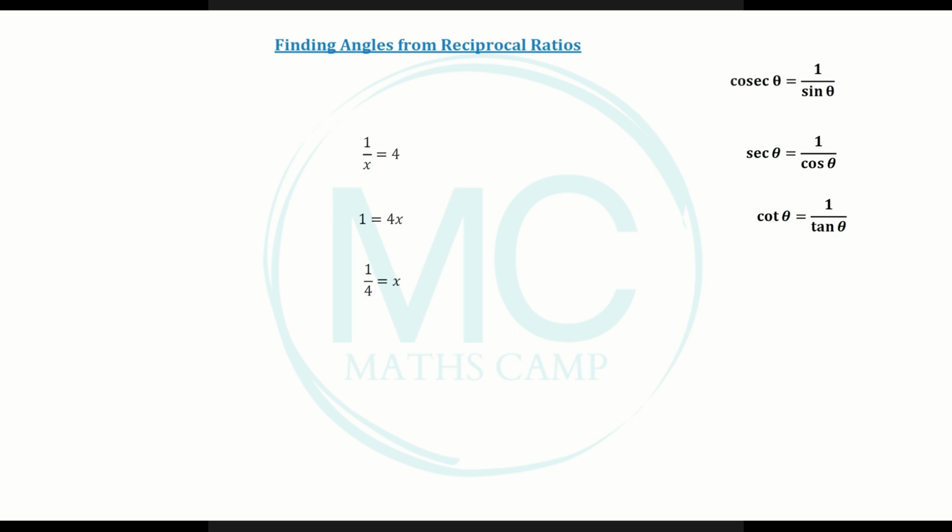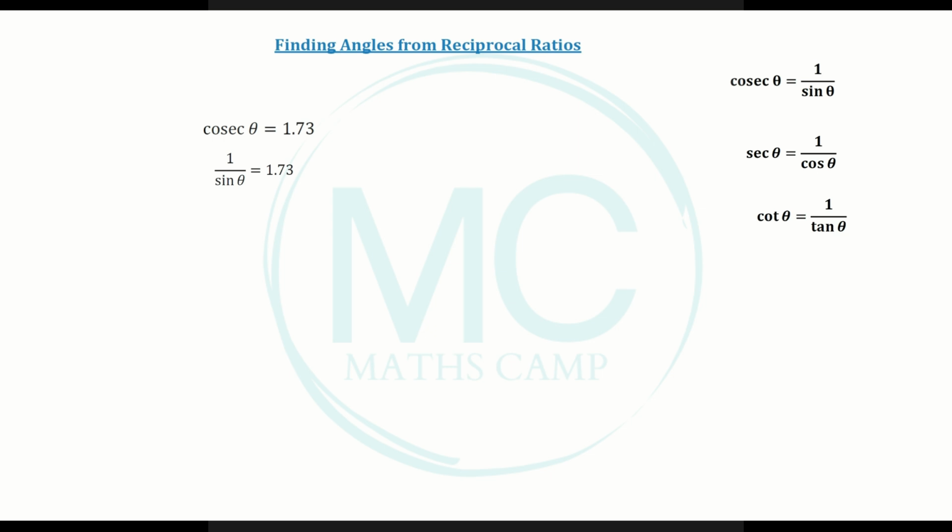This applies to reciprocal ratios as well. Let's look at how we can find an angle from a basic reciprocal ratio. Let's look at cosec theta is equal to 1,73. Now cosec theta is equal to 1 over sine theta. So we can rewrite this as 1 over sine theta is equal to 1,73. Now we need to move sine theta out of the denominator of the fraction and over to the right.